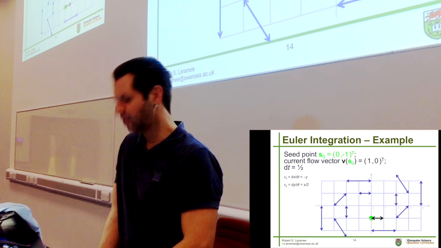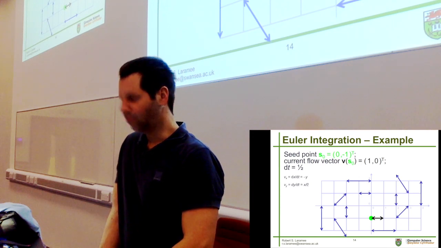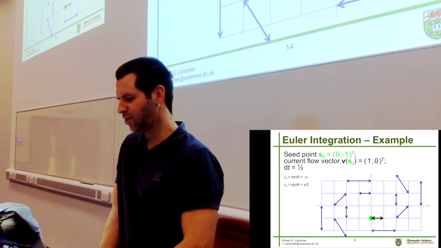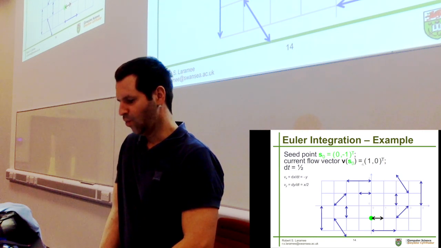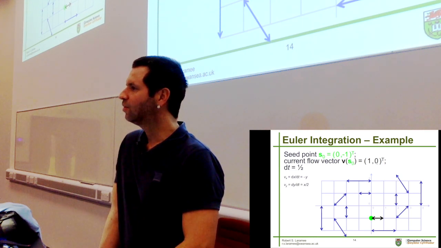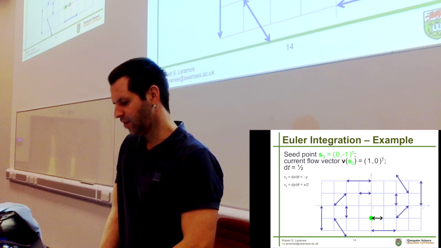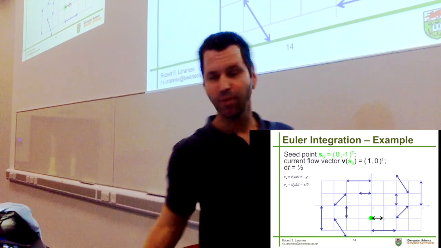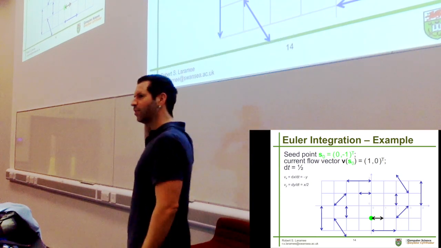X in this case is 0. So 0 over 2 is 0. And that's what this 0 is. The current flow vector at S0 is 1, 0. We just derived that. And there's the seed point, and there's the current flow vector. It's pointing that way. 1, 0. Everybody see that?